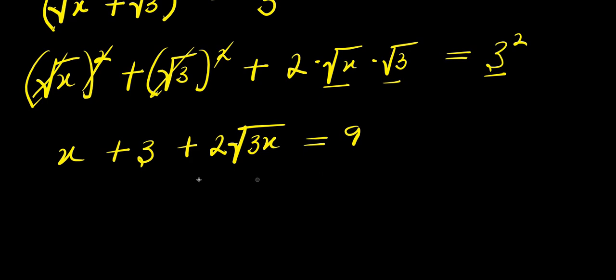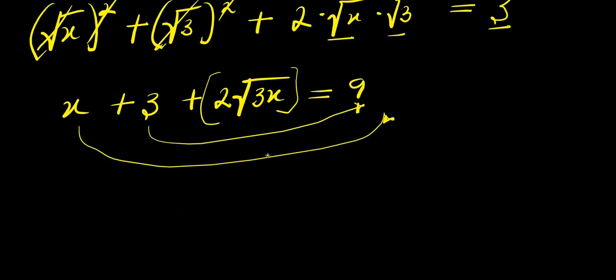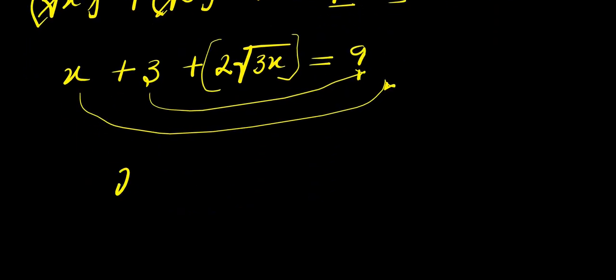So from here, let's isolate this 2 times root 3x. We move this over here and we move this over here. So we are going to have 2 times square root 3x equals 9 minus 3 minus x.